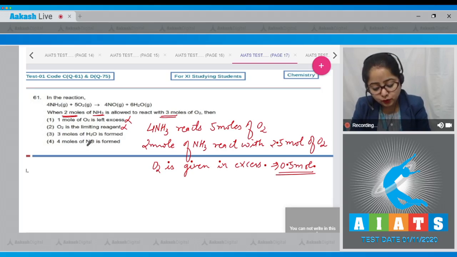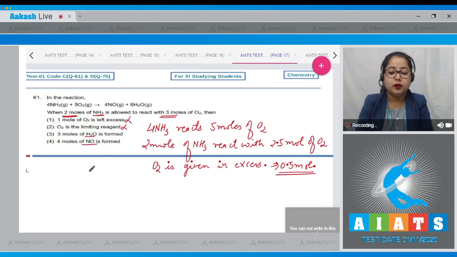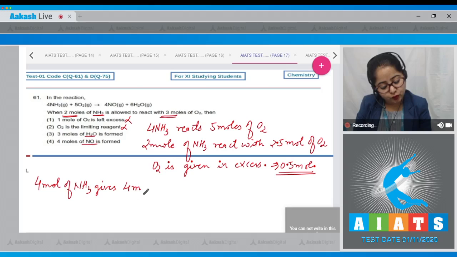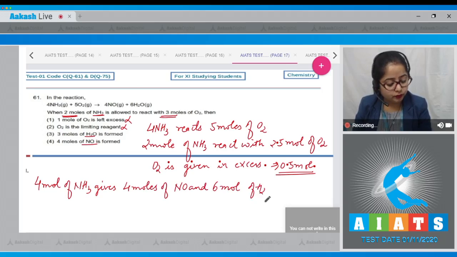Moving to next, students, in this case, we have to identify the product formed. It is very clear, we have already discussed that the amount of product formed depends upon the limiting reagent. So student, 4 moles of ammonia gives 4 moles of NO and 6 moles of water.